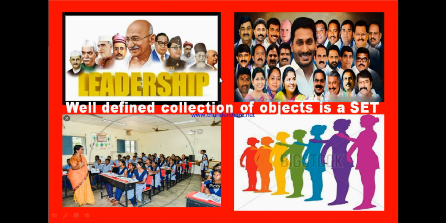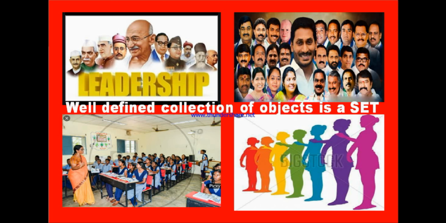In my opinion, Alluri Sitarama Raju is also one of the famous national freedom fighters, but we could not find him. In such a case, from person to person, the famous leaders may change. From person to person, the best batsmen in the world may also change. In such cases, they are not well defined collections, therefore they are not sets.